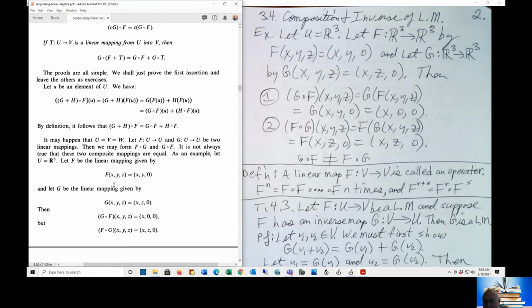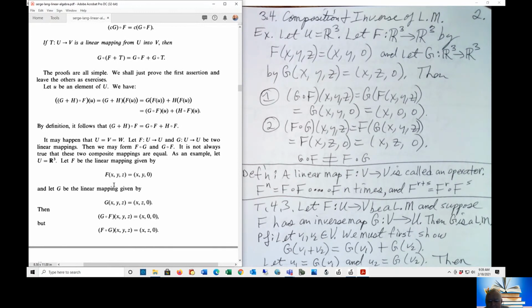And so G of x, y, 0 is what? x, 0, 0. F composed with G is F of x, z, 0, which is x, z, 0. And they're not the same. G composed with F is not the same as F composed with G.